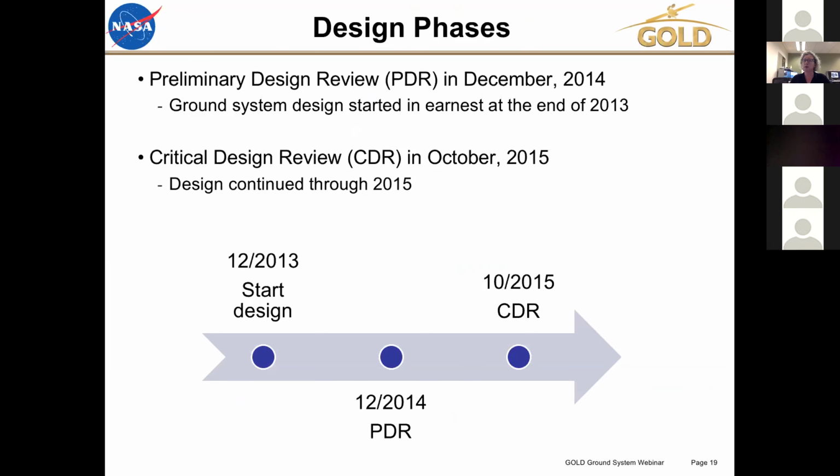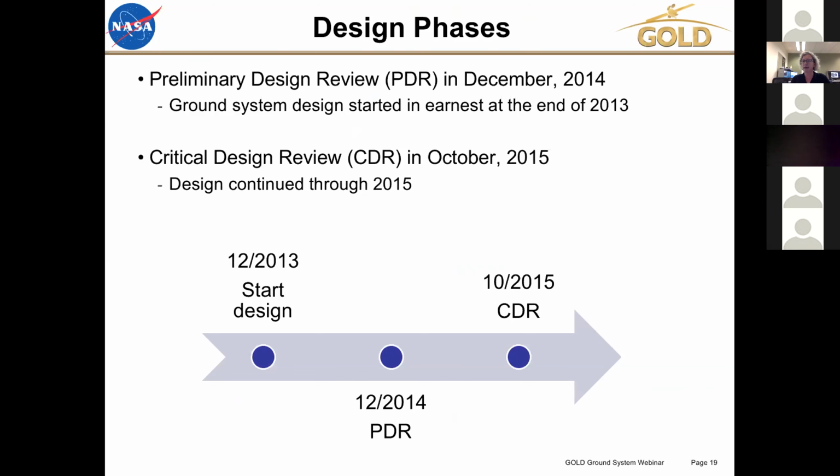Based on the comments from the reviewers, we took those into account and performed trade studies, and then continued through a critical design phase. The critical design phase lasted from December of 2014 to October of 2015, and culminated in a critical design review, or CDR, in October.